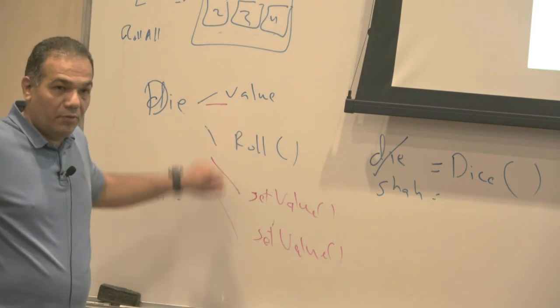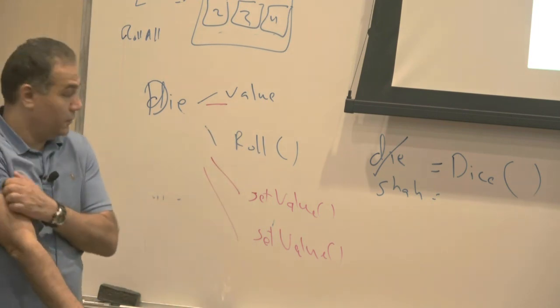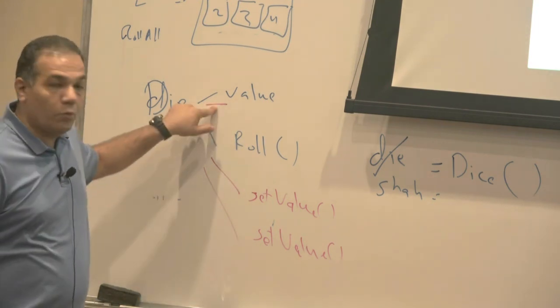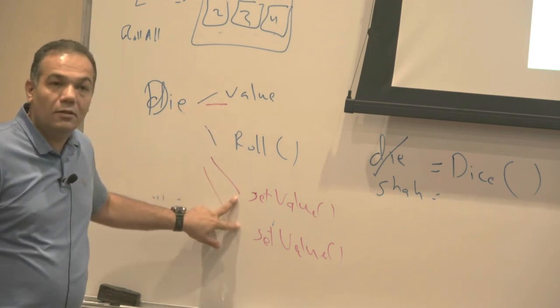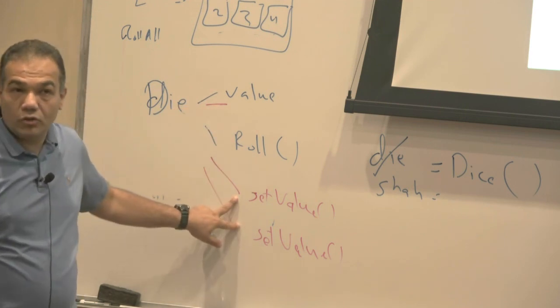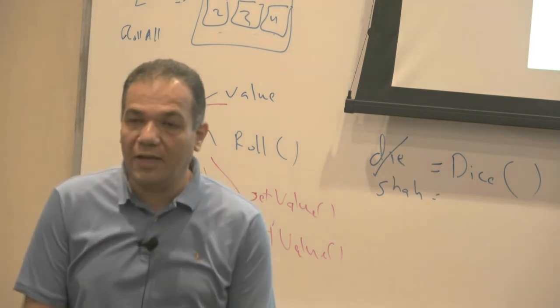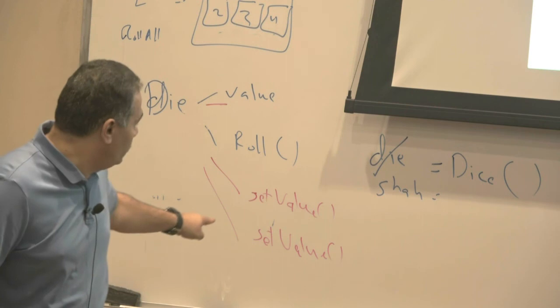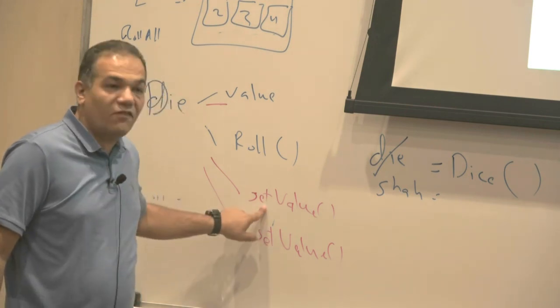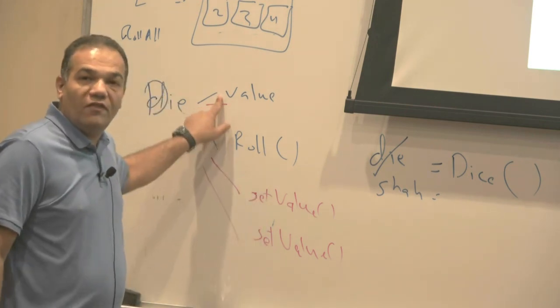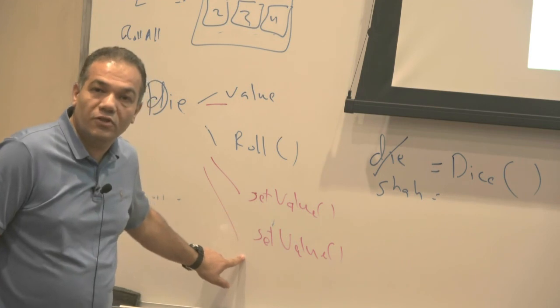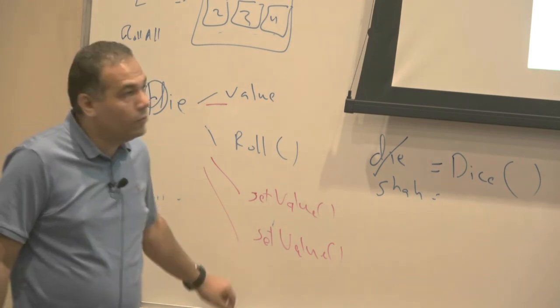And here it is simple, right? Because of this, I have to add 2 functions. So now, if I need to read the value, I have to use get value. If I need to change the value, I have to use set value. Okay?